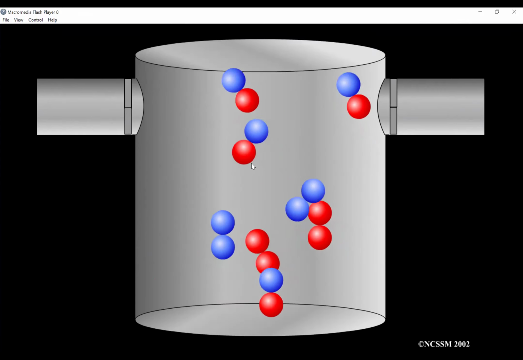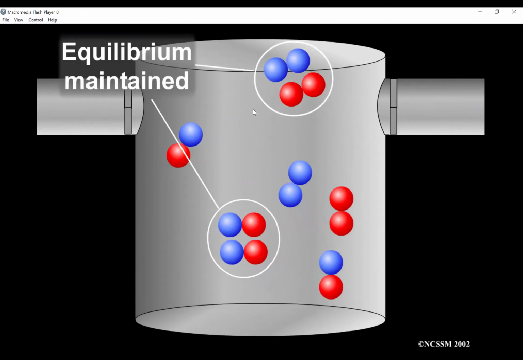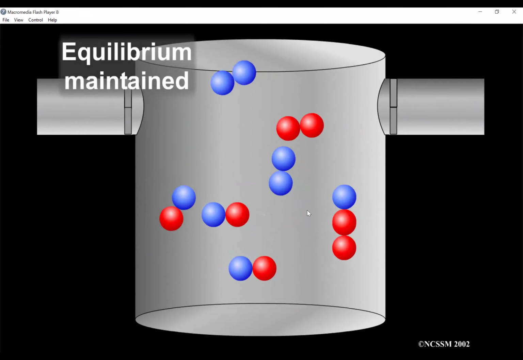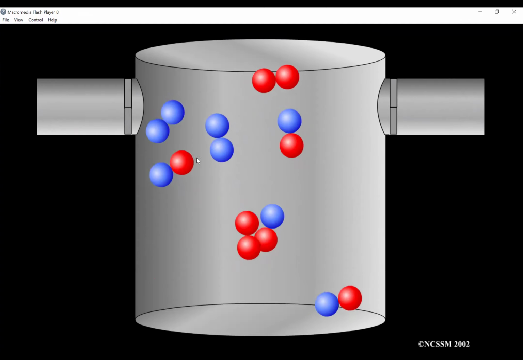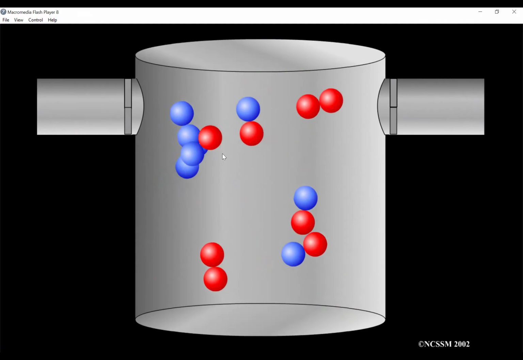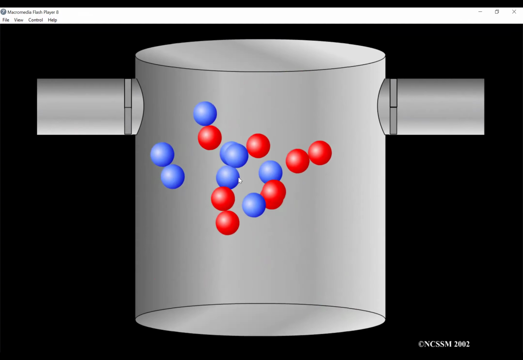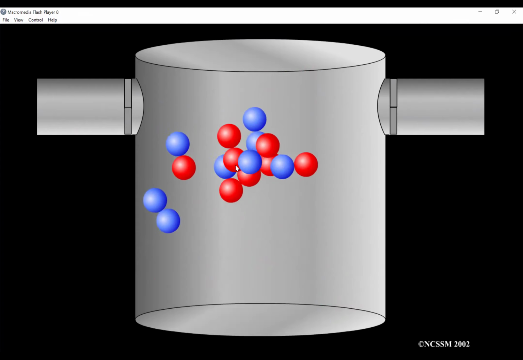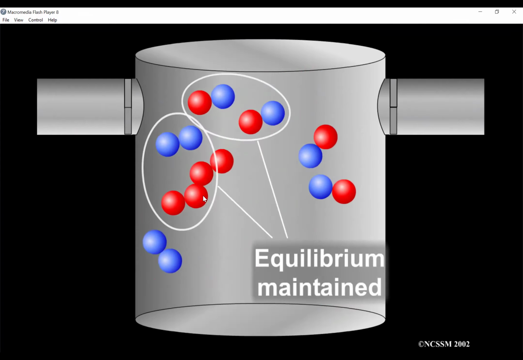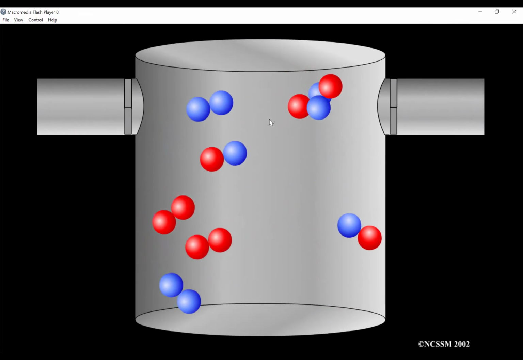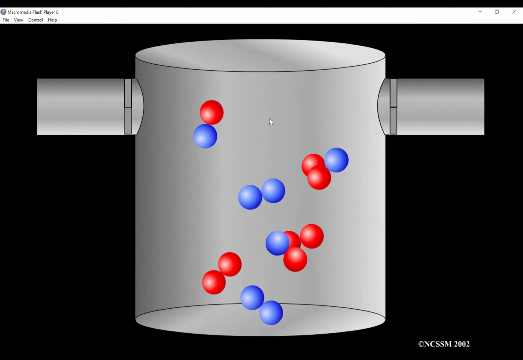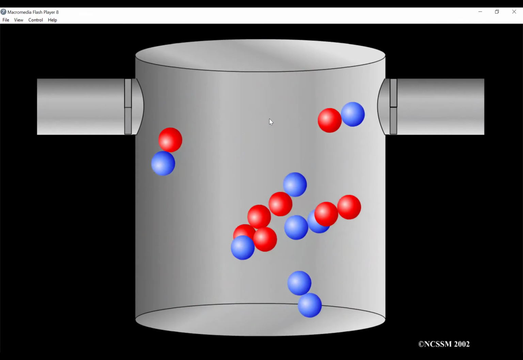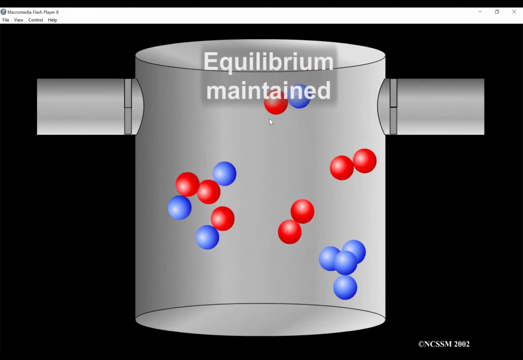So in reality, what happens is the particles are continually colliding to form either the products, or the product particles are colliding to form reactants. And so these collisions are continually occurring. And when they occur at the same rate, that is where equilibrium is being established.